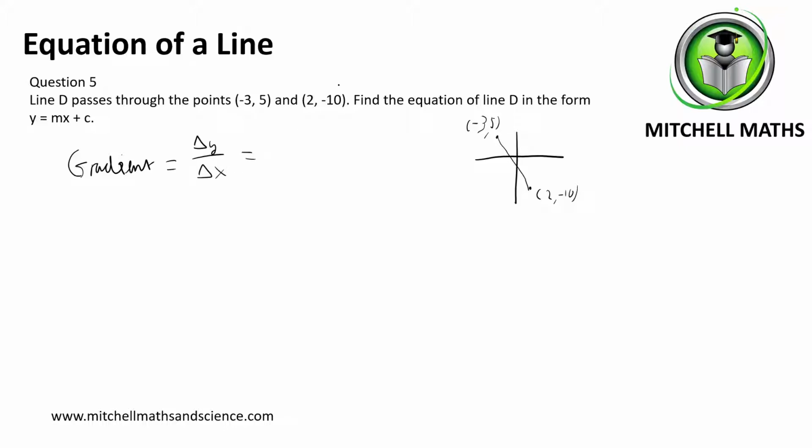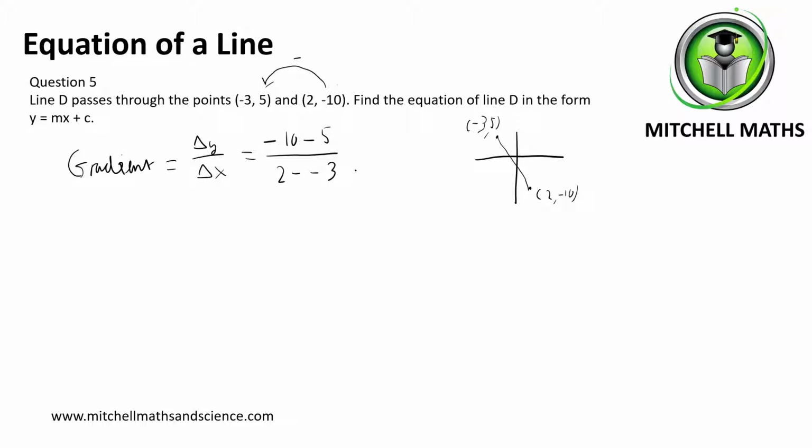If we look at our y values, they're -10 and 5. I'm going to do this coordinate take away this coordinate. So I'm going to do -10 minus 5 for y, and 2 minus -3 for x.